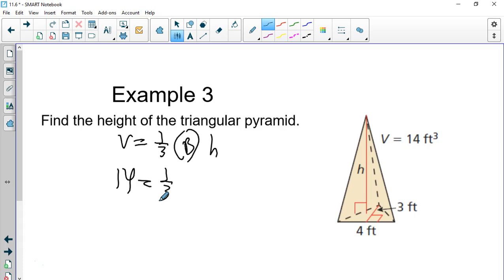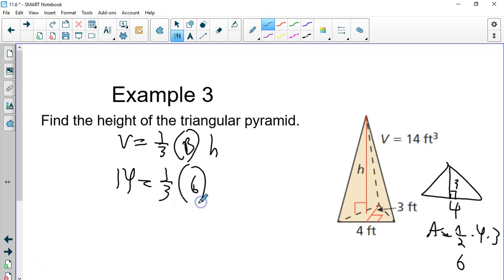Now what I have here is a triangle with this information in it. That means the area of this triangle is 1/2 times 4 times 3. So that's 6. So the area of the base is 6. And my height is what I'm trying to figure out.